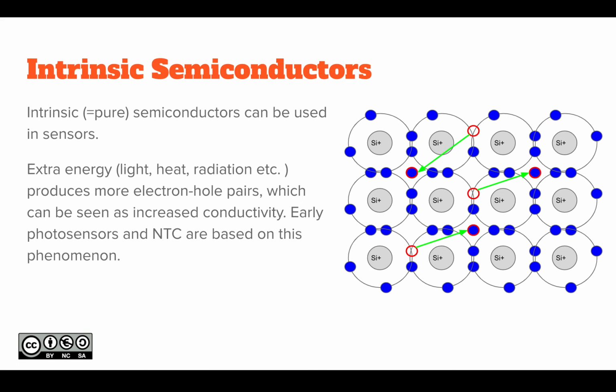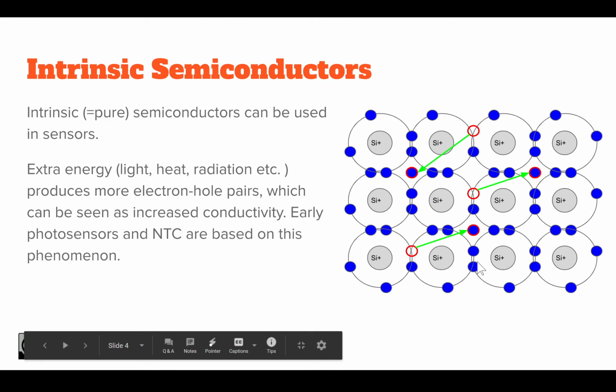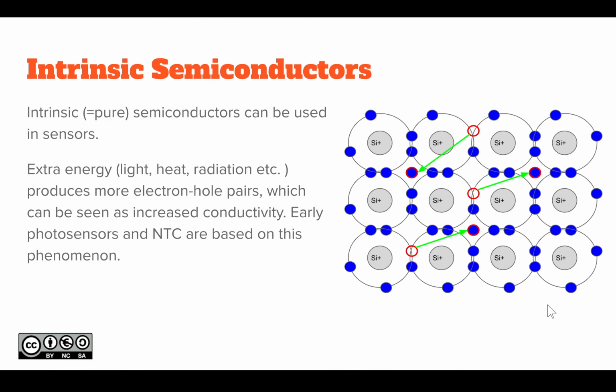For example, a negative temperature coefficient resistor, which is used for temperature measurement, is practically an intrinsic semiconductor, a pure semiconductor, and the phenomenon behind the NTC is exactly that one. Extra energy comes in in the form of heat, the temperature changes, and the resistance changes to smaller. Okay, great.